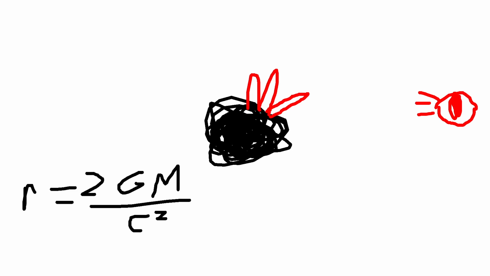So if the entire mass of the object fits within this radius, then you've got something that light maybe couldn't escape from if light was acting like a particle.